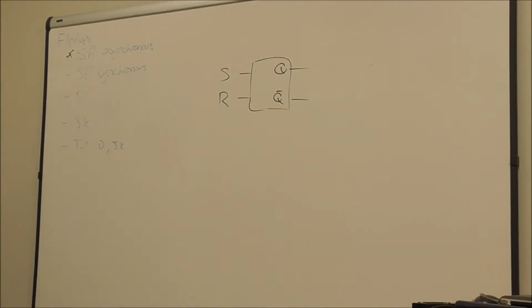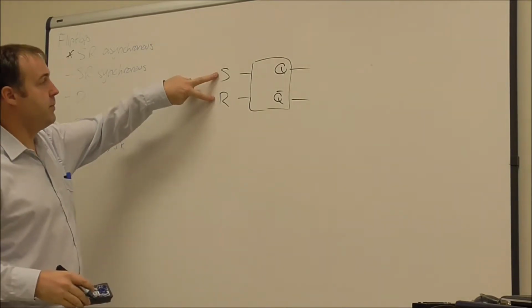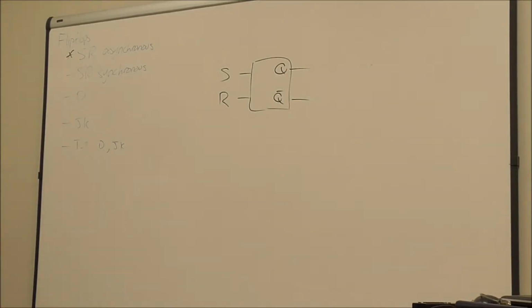Okay, so for an asynchronous, we just have the two inputs, S and R, and the outputs. For a synchronous, synchronized means that the timing of them is synchronized, so that there's something controlling what time things happen.